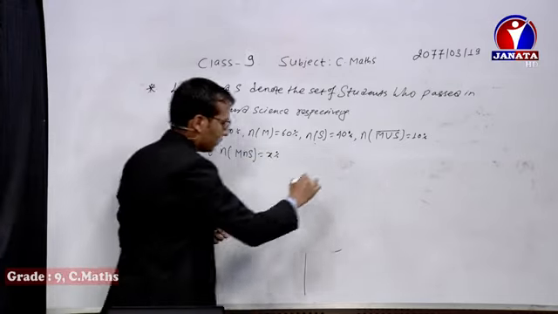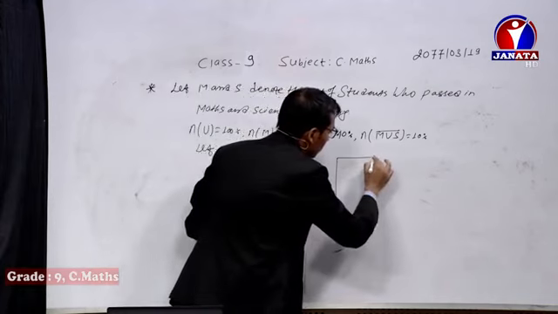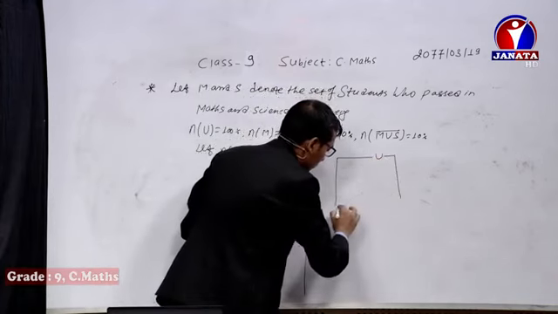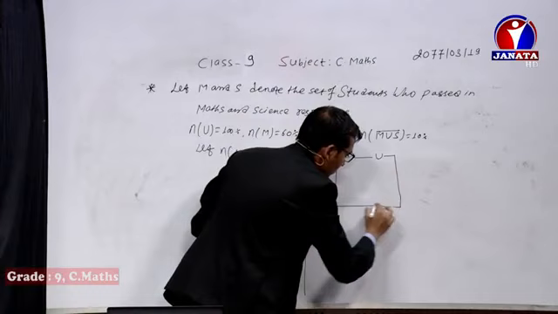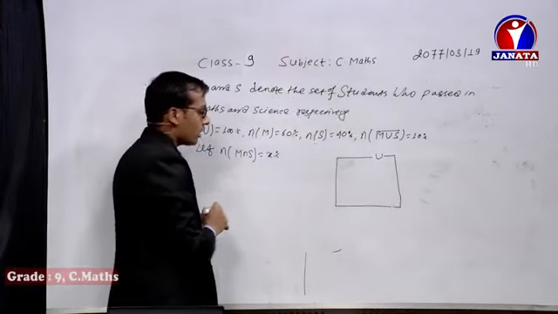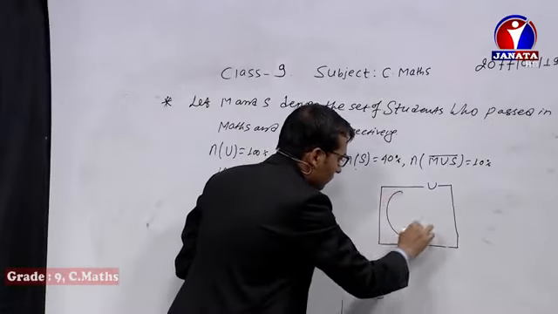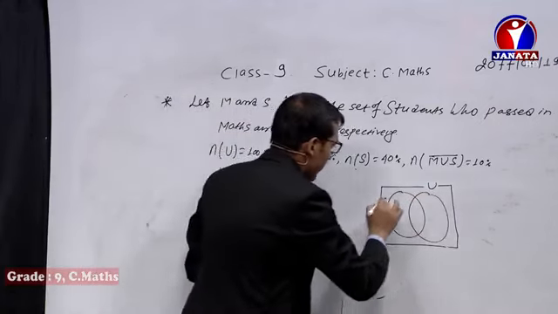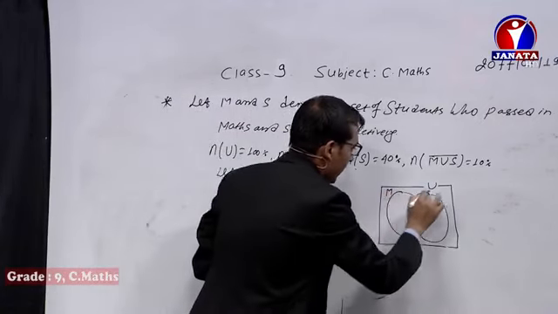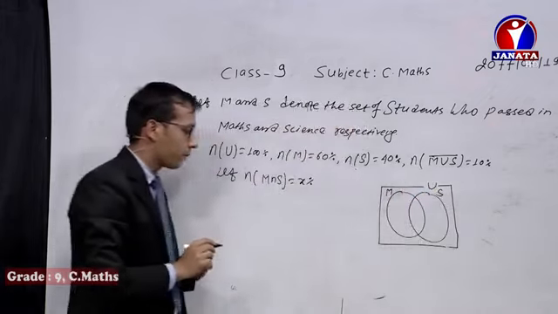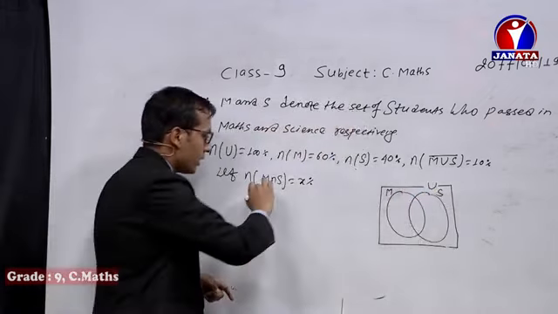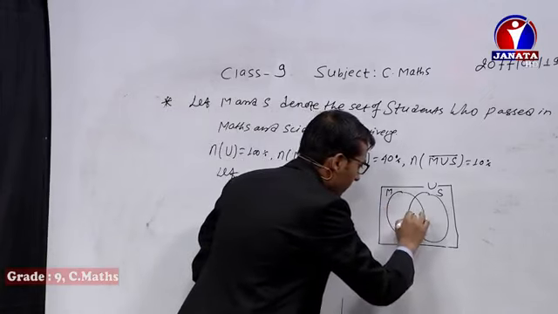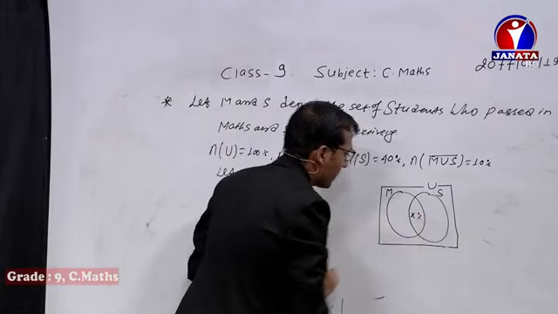Let's draw the diagram. Here are two sets, M and S. What is the intersection? This is X percentage.